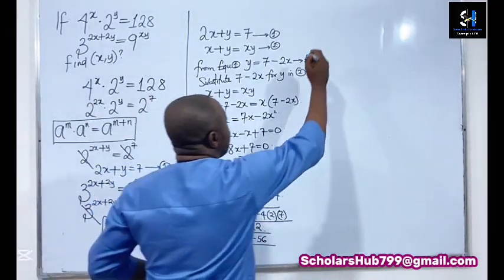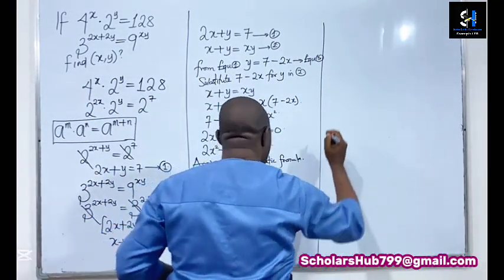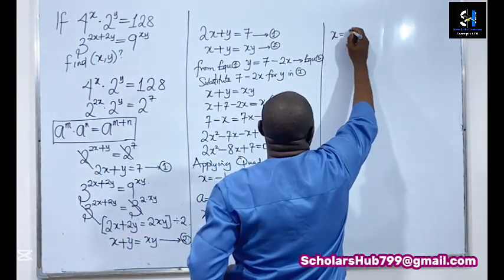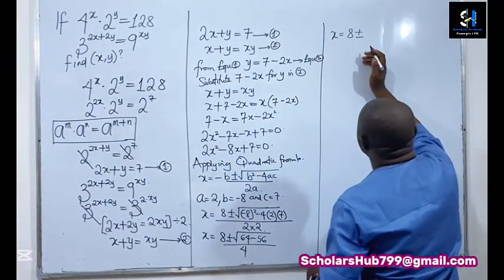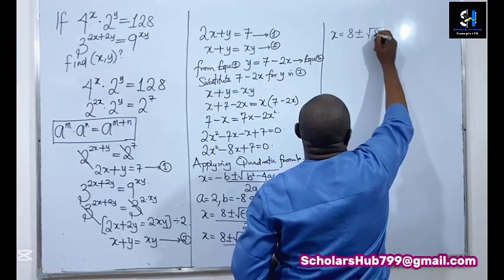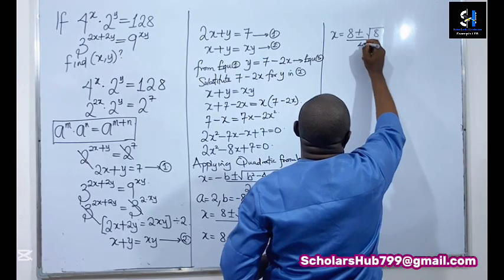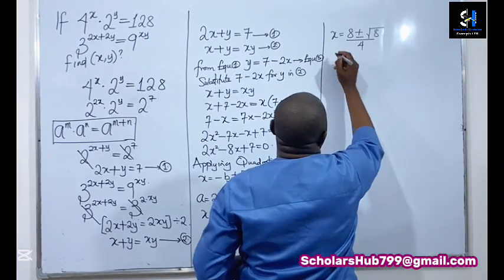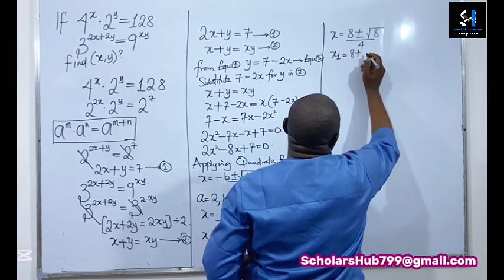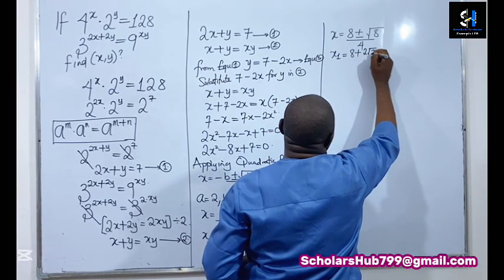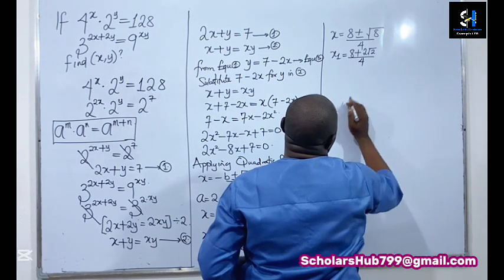So now x will be 8 plus or minus the square root of 64 minus 56. That will be 8. So we have root 8 divided by 4.